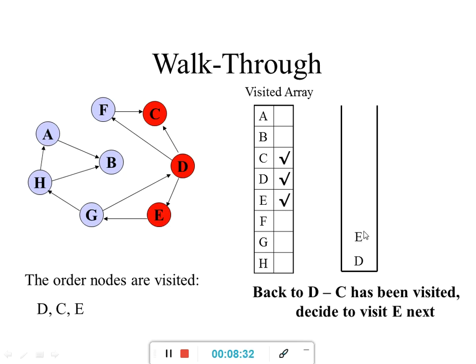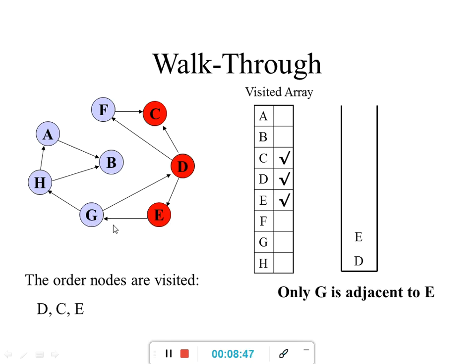Now the third step is you need to find the adjacent nodes for E, because E is the topmost element in the stack. The adjacent node of E is G. So we need to push G into the stack and mark G as visited.